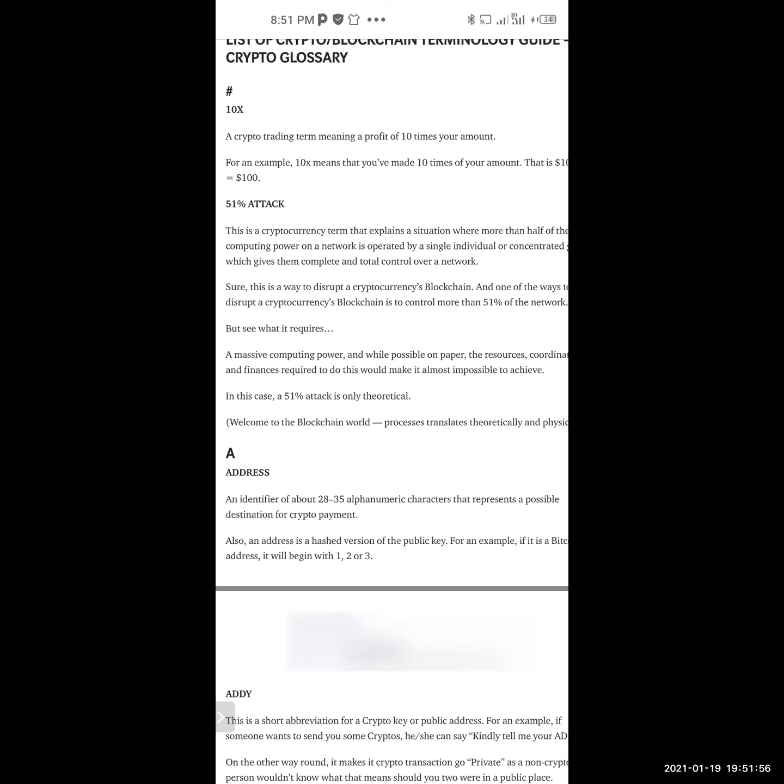That address is like your account number, the way you use your account number to collect money from anyone. So whenever you want to make a deposit, you use an address to deposit cryptos from one wallet or from one exchange to the other. So that's what an address means.